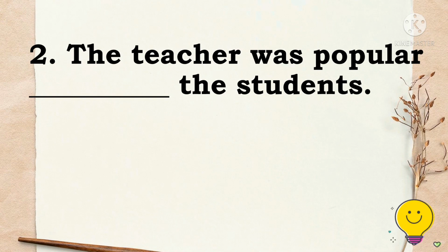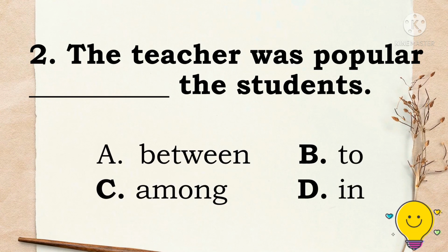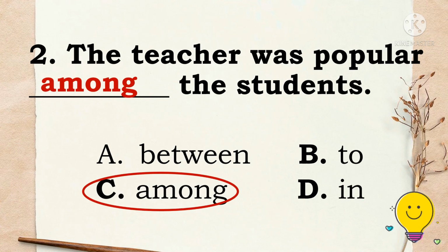Number 2. The teacher was popular blank the students. Letter A, between. B, to. C, among. D, in. Very good. It's among. Letter C. The teacher was popular among the students.